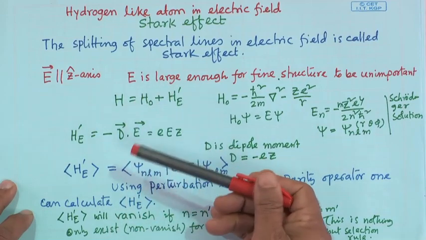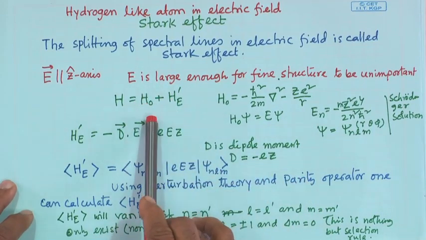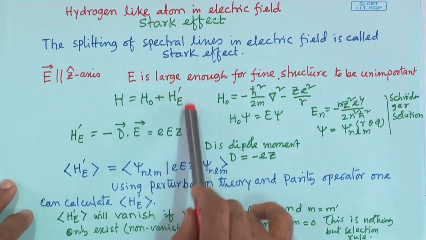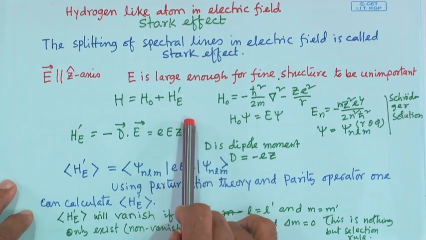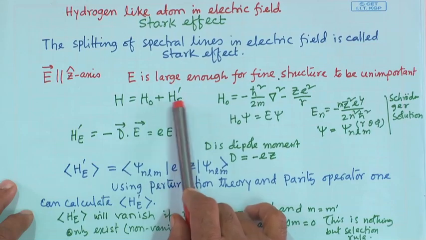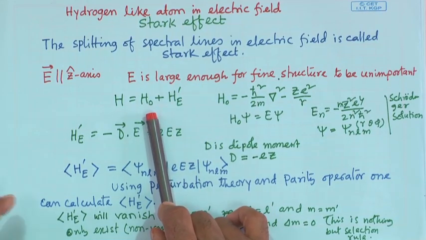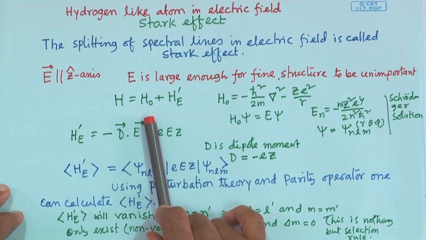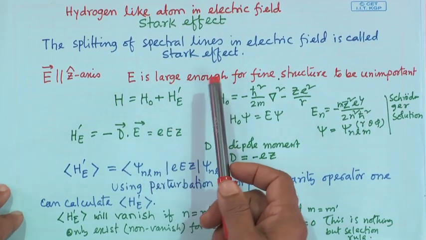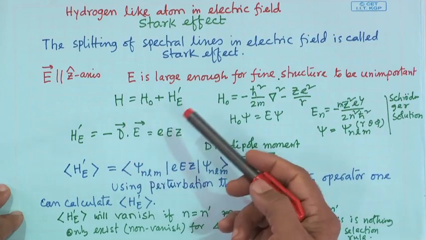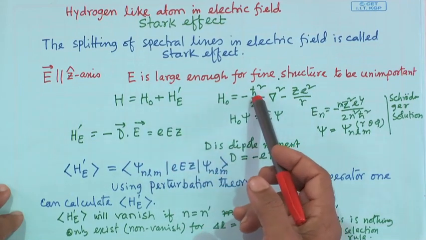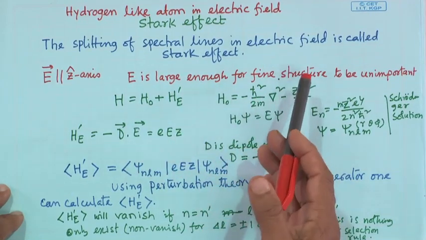So, now the Hamiltonian naturally is H equal to H0, the unperturbed Hamiltonian, plus the perturbed term, in this case H_E dash. Now, as I told, we can consider H0 to be the Schrodinger Hamiltonian, right. Because the LS coupling term is negligible, the relativistic correction as well as the Darwin term are even smaller.